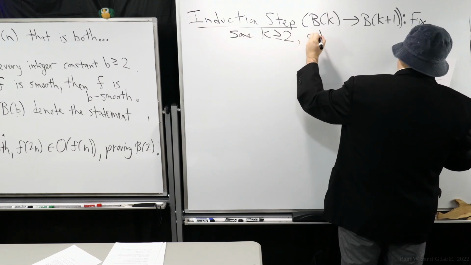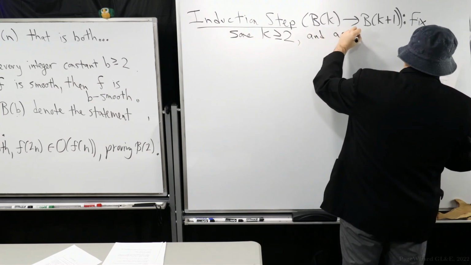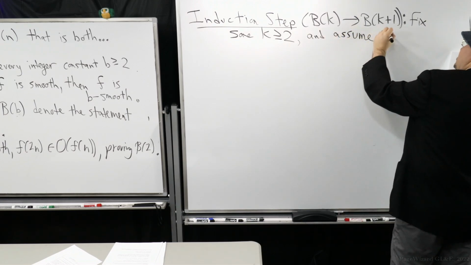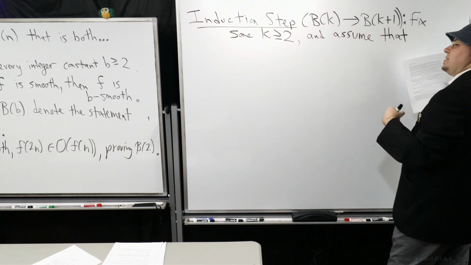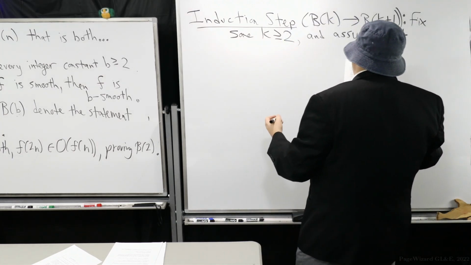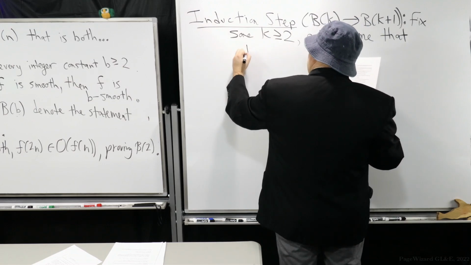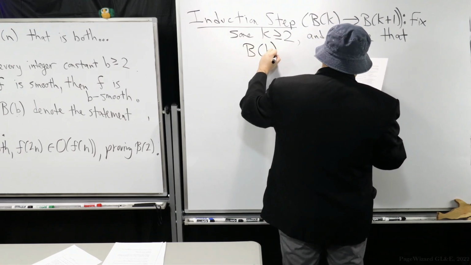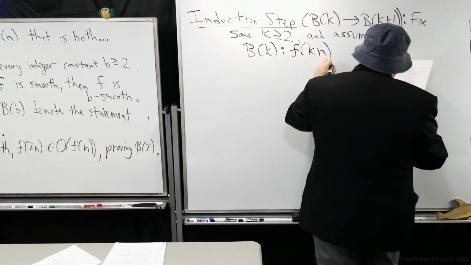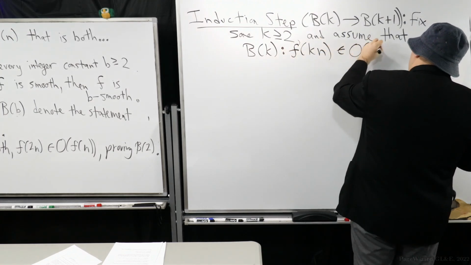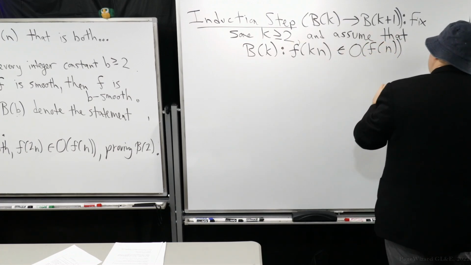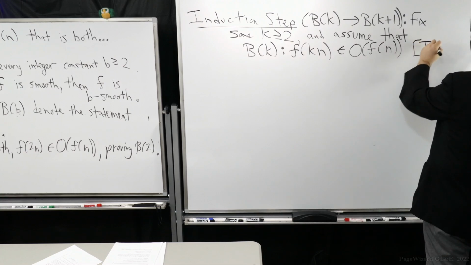And I'm going to assume what we call the induction hypothesis, or the inductive hypothesis. This is just the previous rung in the ladder. So this is the one that Miss Kitty's going to put her foot on to get up to the next rung. Assume that b of k, or f of kn, is big O of f of n. So this is what we call the induction hypothesis.